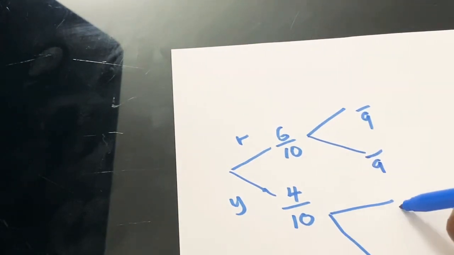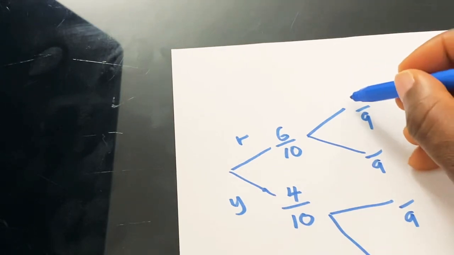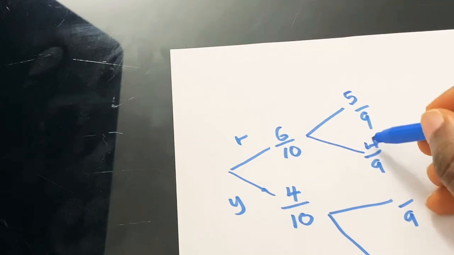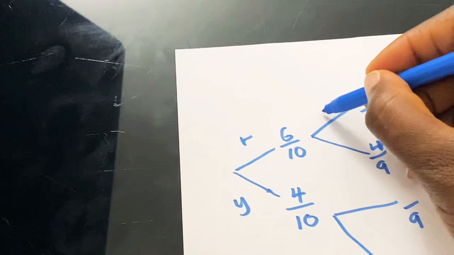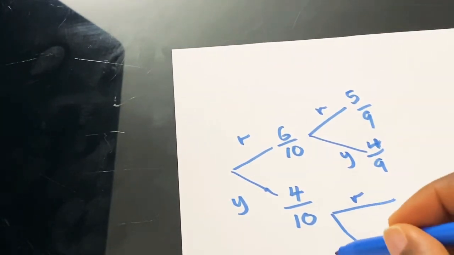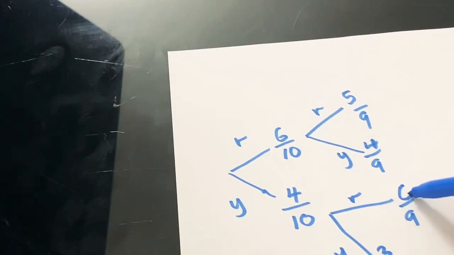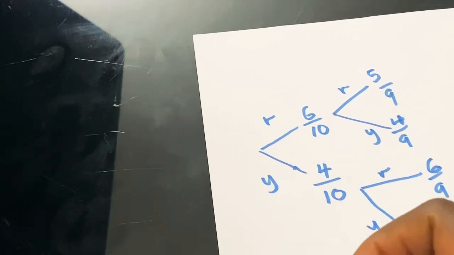If a red was chosen here, you would have 5 left, but this would still be 4 9ths. If a yellow was chosen here, you would have 3 out of 9, and then 6 out of 9 left.